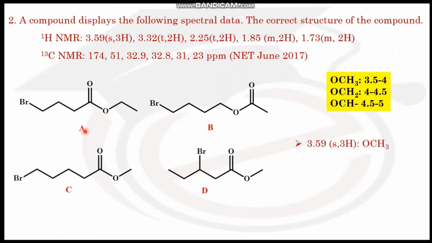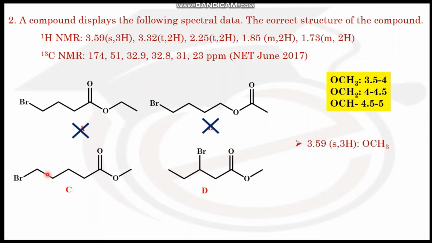So in option A, there is no OCH3, this is OCH2CH3. And in option B also there is no OCH3, so we can cut options A and B. Coming to option C, there is an OCH3 group, and in D also there is an OCH3 group.